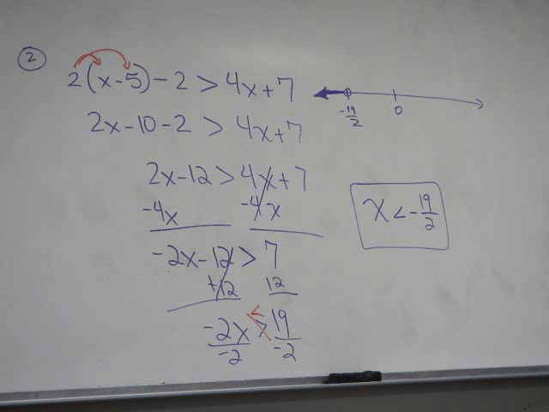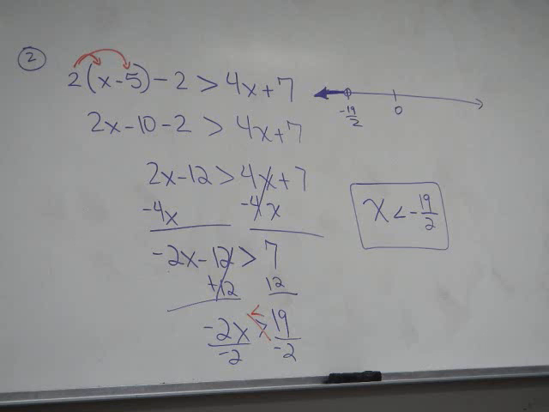So what's left here? Negative 2x minus 12. Do I need to reverse the sign since I subtracted? No. Only when I multiply or divide by a negative number. So the 4x cancels. I have 7. Add 12 to both sides, just like an equation. You would add 12. And I get negative 2x is greater than 19.